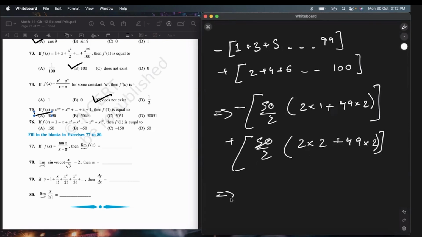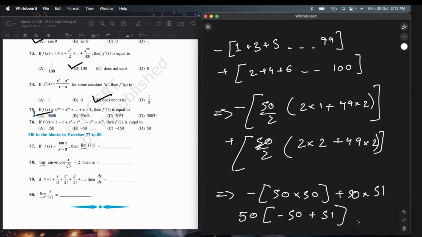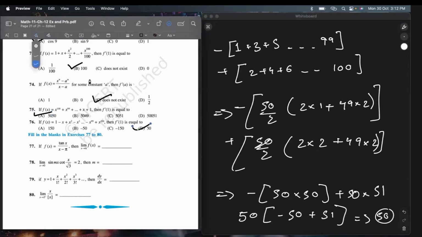I can write this as minus 50 times 50 plus 50 times 51. I can take 50 common: 50 times (minus 50 plus 51). So the answer will be 50. The correct option is option D.